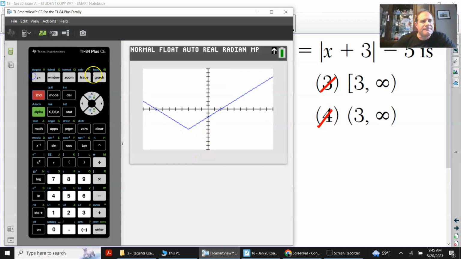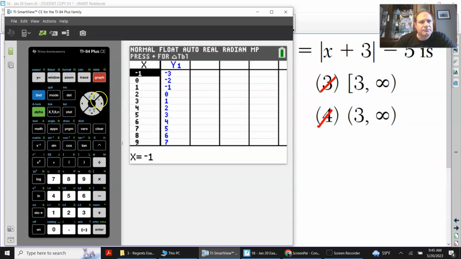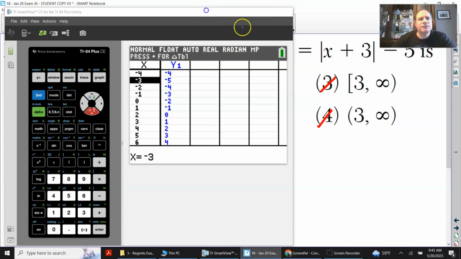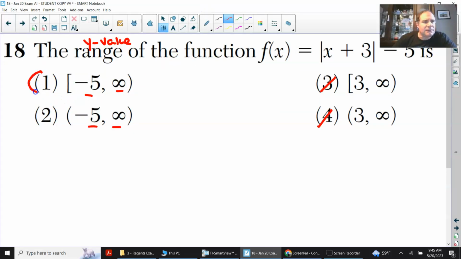If you see it, see that right here? -3, -5. It is equal to -5. So you must have this bracket, and every time on the side where there is infinity, there's a parenthesis. All of the time. There's never a bracket. It can't be equal to infinity. Remember, a bracket means equal to as well.